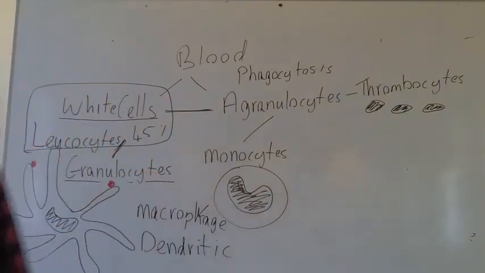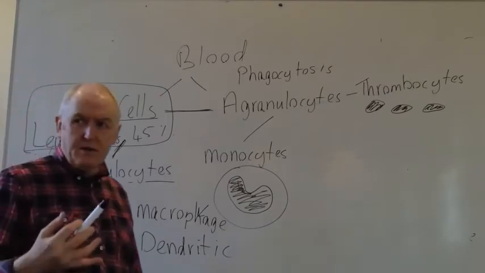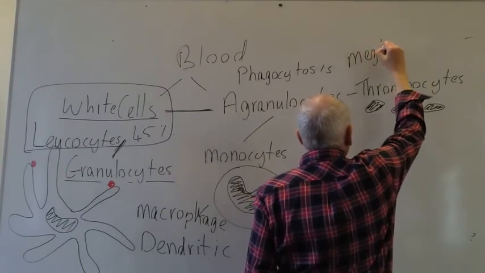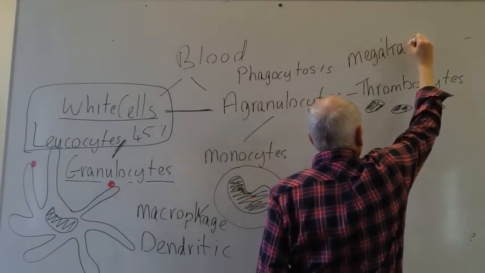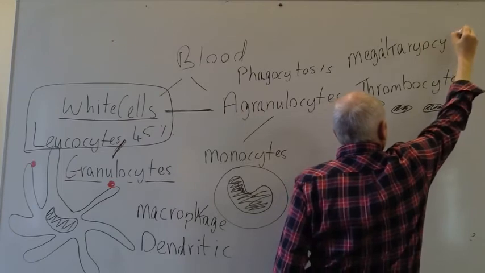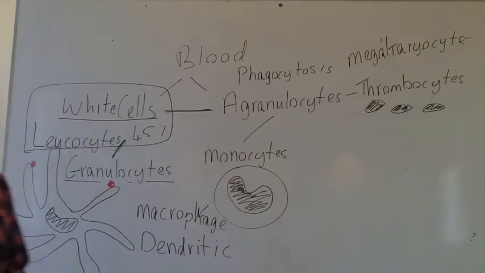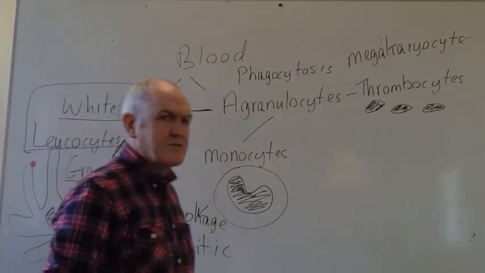So the thrombocytes or the platelets are small cell fragments floating around in the plasma. And the cell they derive from, we don't find in the blood, but it lives in the bone marrow. And the cell they derive from is called a megakaryocyte, which are positively huge cells, absolutely colossal.